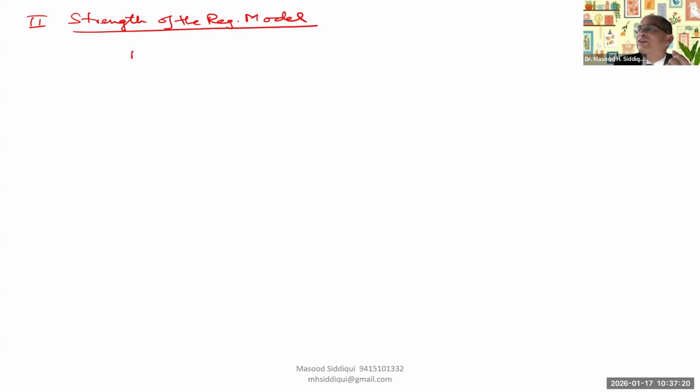So here I'm introducing a term that is known as R square, right? It can be written as R square or R dash squared. It is the ratio of explained variation, or you can say sum of square because of the regression, divided by total variation.